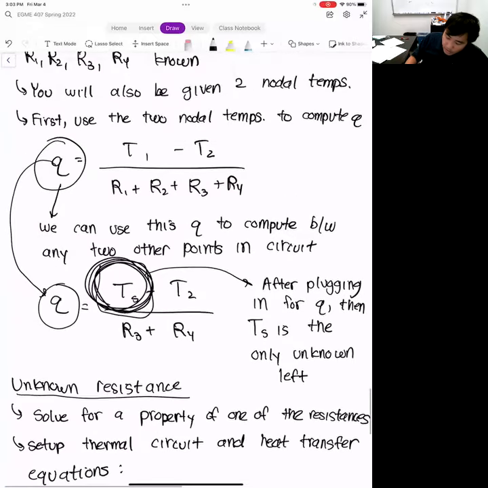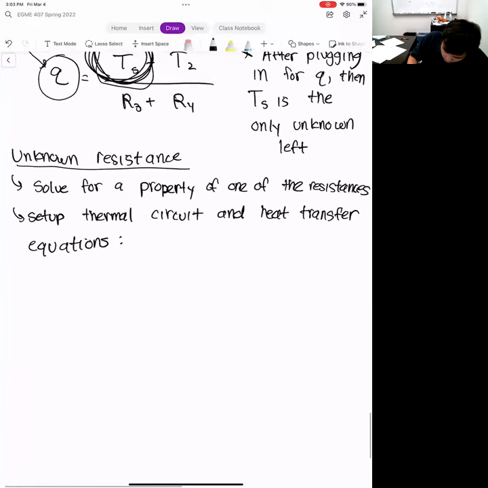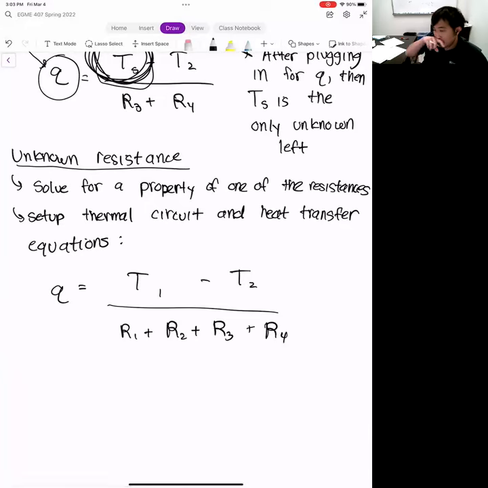And so you're going to have Q equal to T1 minus T2, divided by R1 plus R2 plus R3 plus R4, or just R4. In these types of problems, what's usually missing, or what's the unknown, is some aspect of one of these resistors.